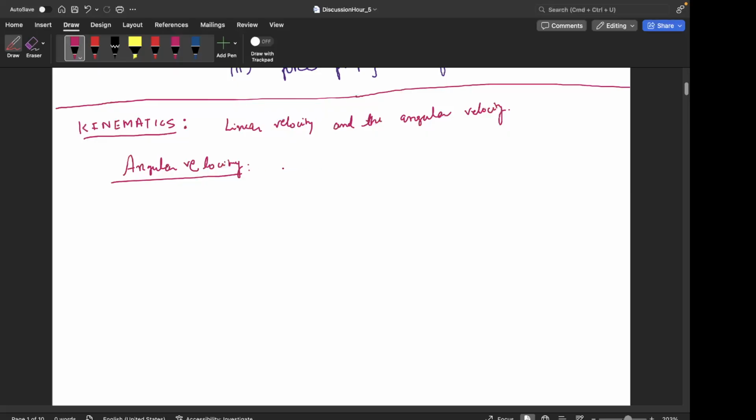Now what we know till now is we know the orientation of the frames, right?